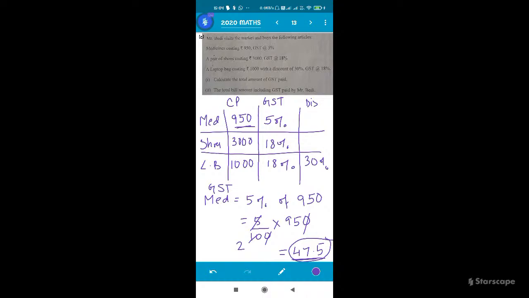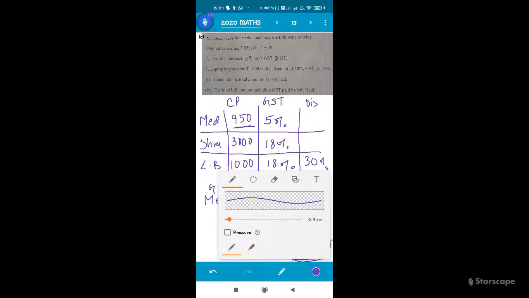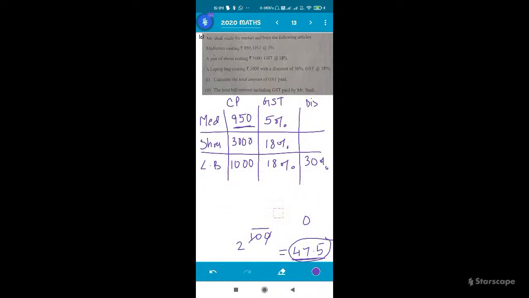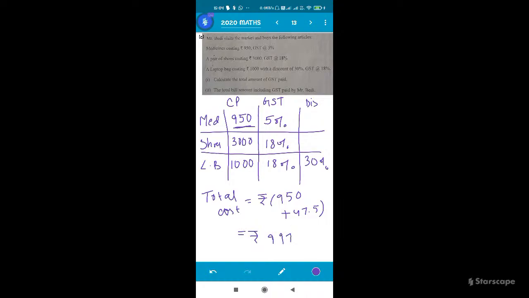So his amount for the medicines will be 950 plus 47.5 rupees, which gives 997.5 rupees. This is the total cost which he has to pay for the medicines only.